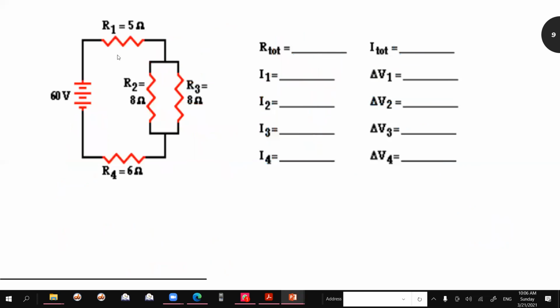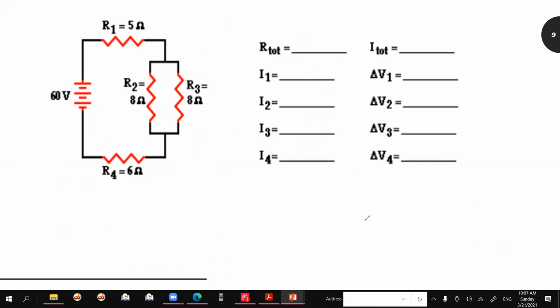Now let's have this example here. Here we have a circuit with a voltage source of 60 volt, and we have 4 resistors: R1 5 ohm, R2 8, R3 8, and R4 6 ohm. First step, let's find R total.